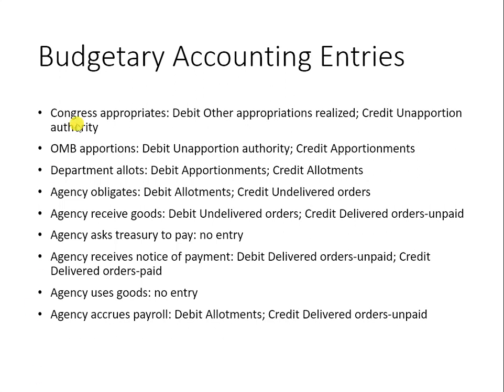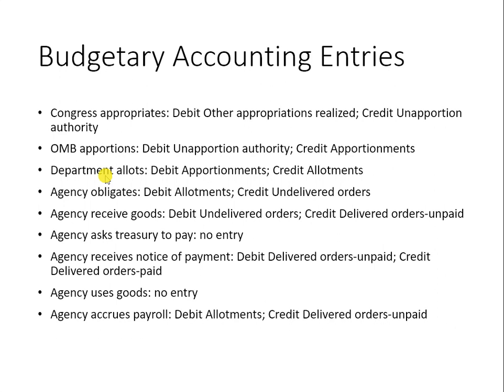So when Congress appropriates, debit appropriations and credit other appropriations realized and apportionment authorities. When the OMB apportions, debit apportionment authorities and credit apportionment. When the department allots, debit apportionment and credit allotment.